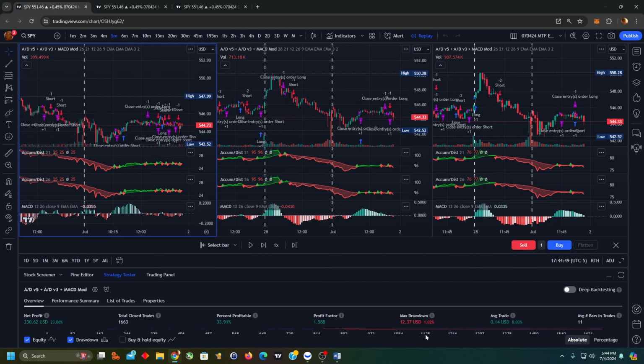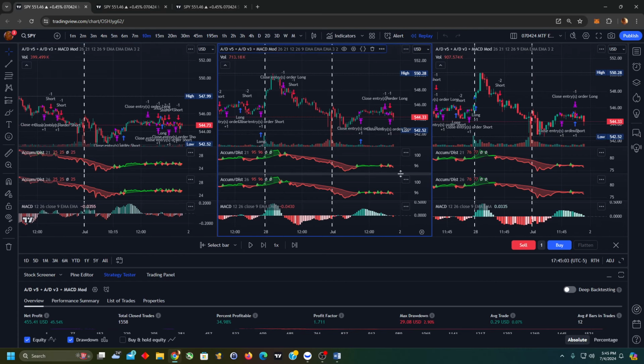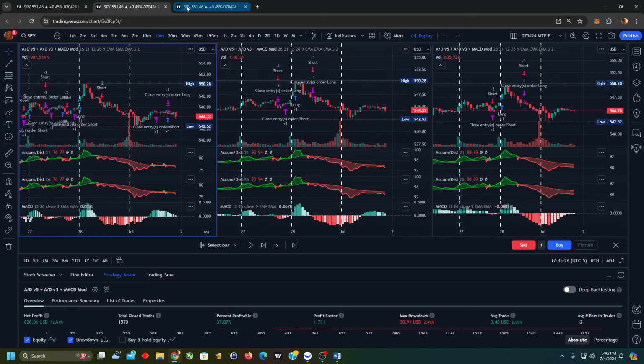So let's see how this trade ended up manifesting. This is on July 1st, which would have been Monday, and this is at the end of the day on Monday. So the trade actually presented itself Tuesday morning. I'll play the bar replay and see if I can try to sync this up across the time frames.